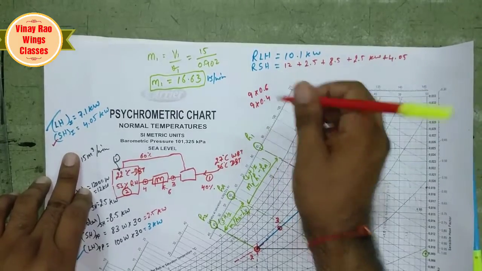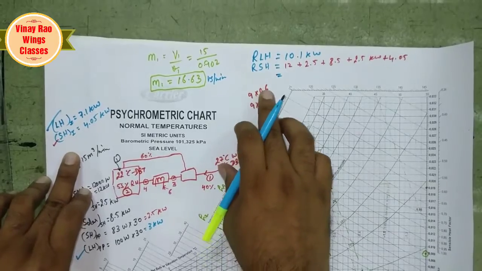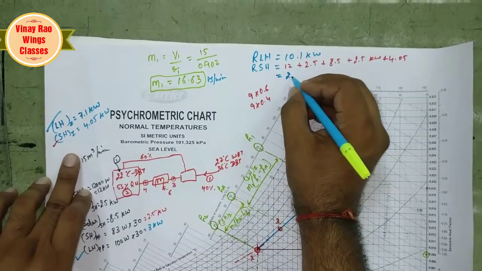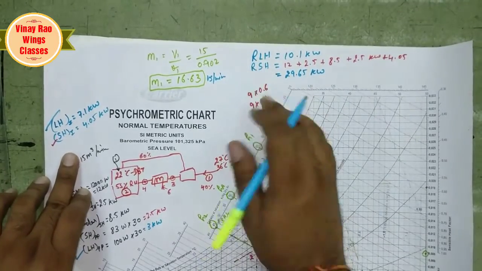So we get the result: room sensible heat is 29.65 kilowatt. We have room sensible heat and room latent heat.